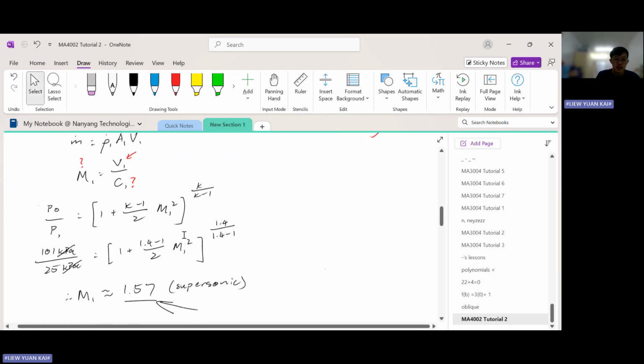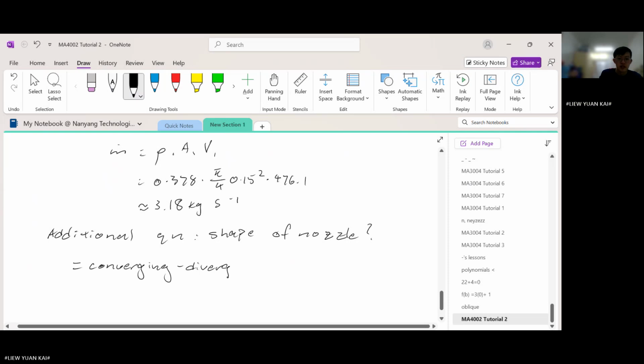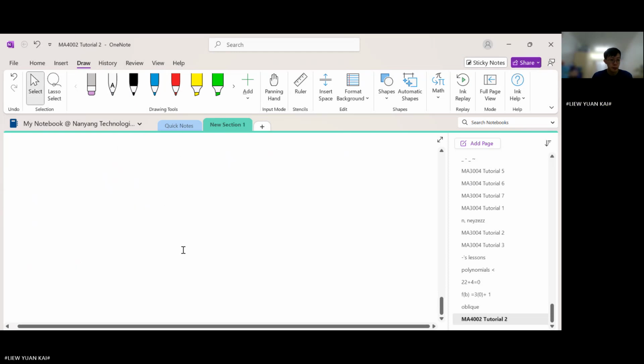So you can tell that the shape of the nozzle must be a converging-diverging nozzle. This is how you logically find out the shape of the nozzle. Okay, let's move on to the next question.